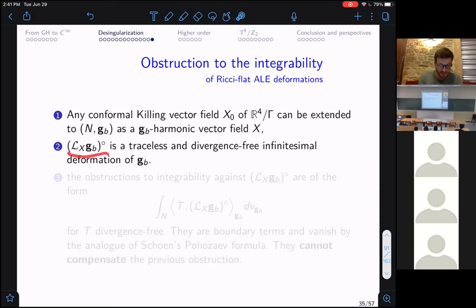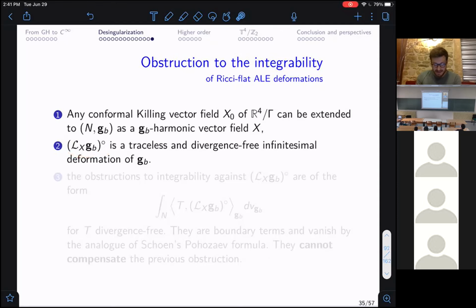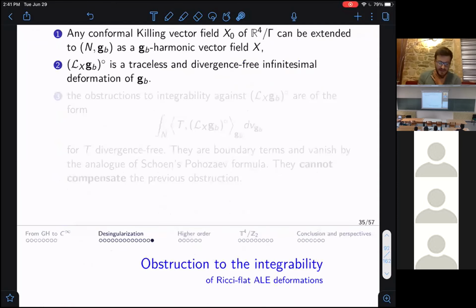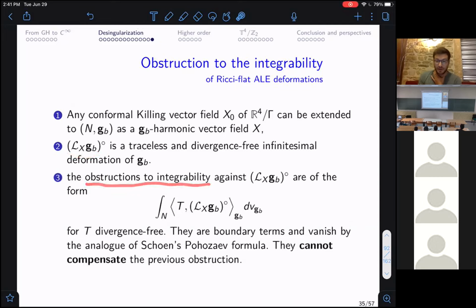It's an actual deformation. And if you go a bit further, then the obstructions to integrability are of the form an integral of t against the traceless part of this Lie derivative. And t is divergence-free.